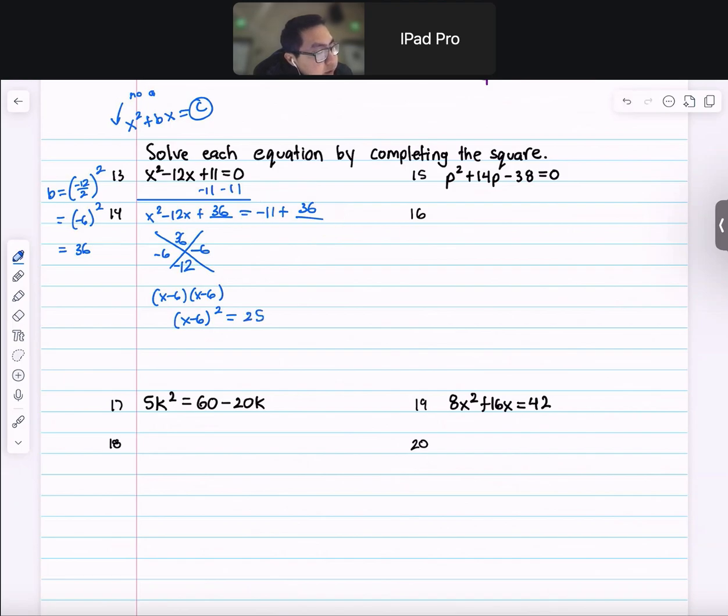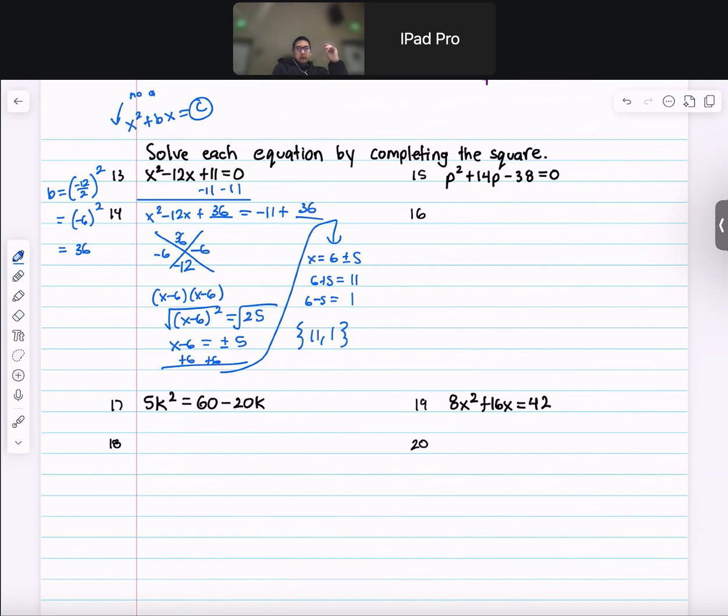Then to solve by completing the square, you square root both sides. X minus 6 equals plus or minus 5. Add 6 to both sides. X equals 6 plus or minus 5. So 6 plus 5 is 11, and 6 minus 5 is 1. 11 and 1 is your answer.